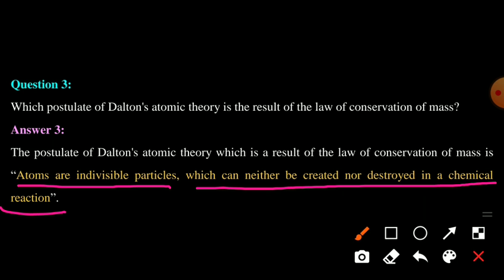Because in the law of conservation of mass, it is also stated that mass can neither be created nor be destroyed. So this postulate of Dalton's atomic theory resembles the law of conservation of mass.